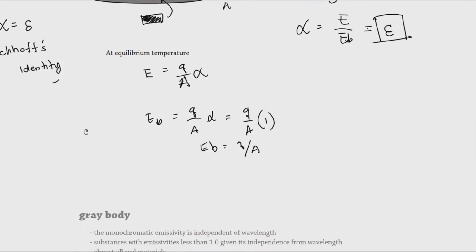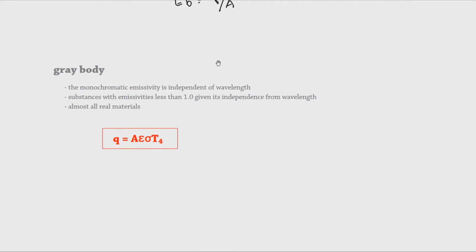So with that, let's talk about gray body. If we have a black body, the absorptivity would be equal to 1. That is, it just takes all the wavelengths, the radiation, and then it absorbs it. So that's why it's equal to 1. Now, if we imagine this gray body, it deviates from the normal behavior of Kirchhoff's identity in a way that this monochromatic emissivity is independent of wavelength.